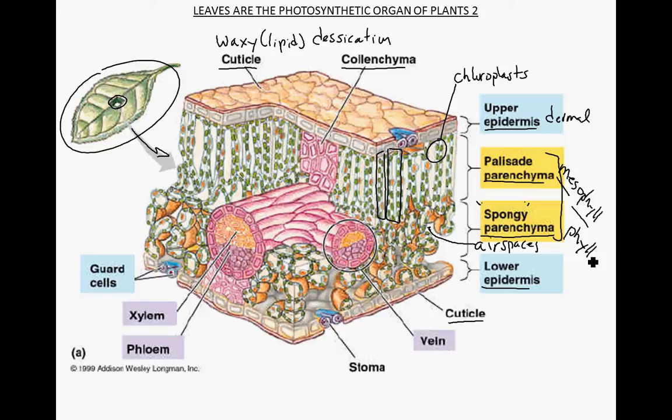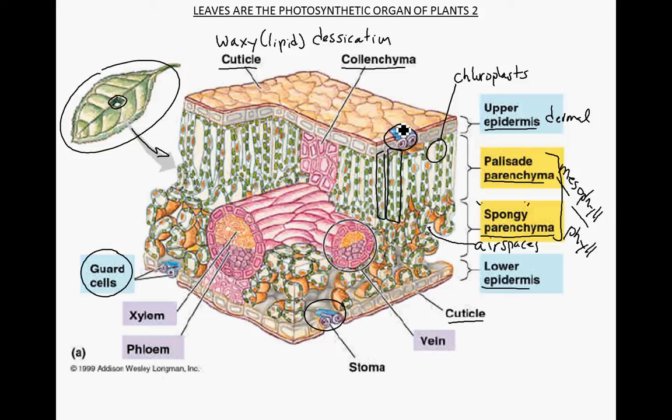Moving to the lower epidermis, there are some adaptations there. If we look over here on the left side, we see these guard cells, and we see some guard cells here, and we also see some guard cells on the upper epidermis right here, but they are generally most highly concentrated on the lower surface of the leaf.